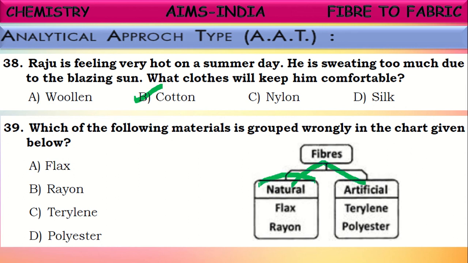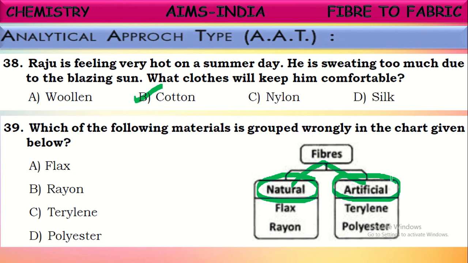The fibers which are derived from the natural resources are called natural fibers, and the fibers which are prepared in the laboratory by the human beings from the chemicals are called artificial fibers. Some examples for the natural fibers, it is already given here: flax, cotton, wool, silk, yak. These all are natural fibers.